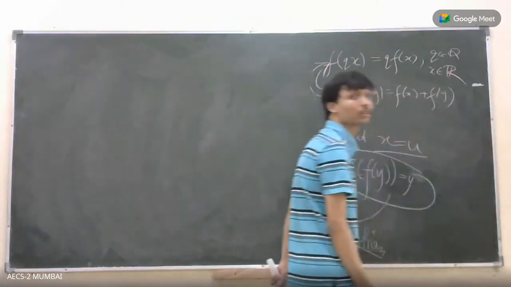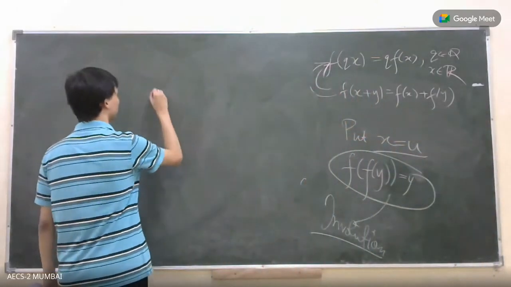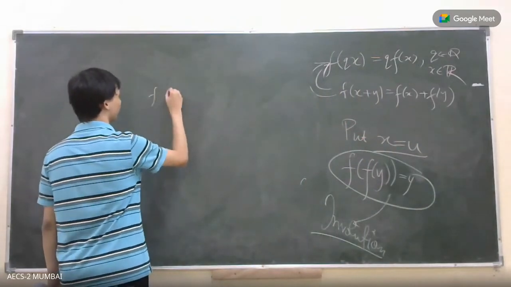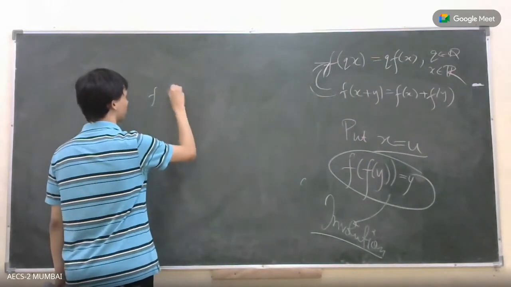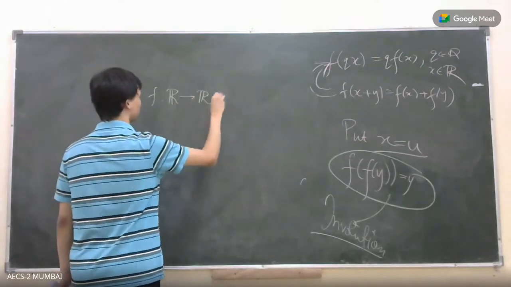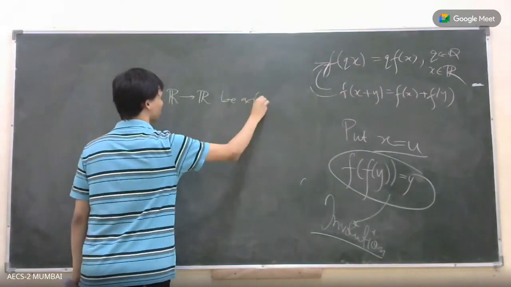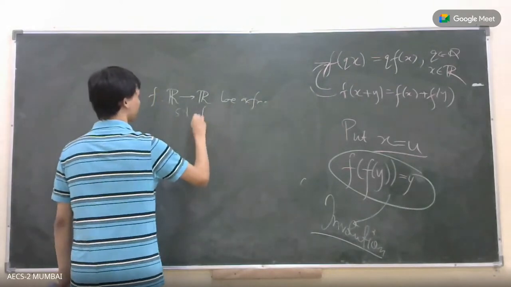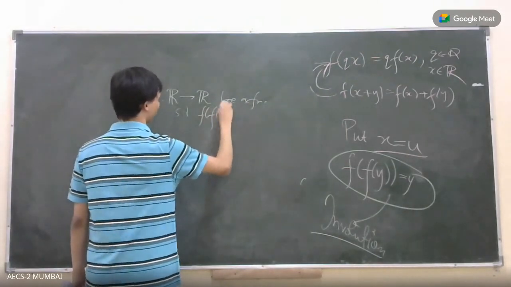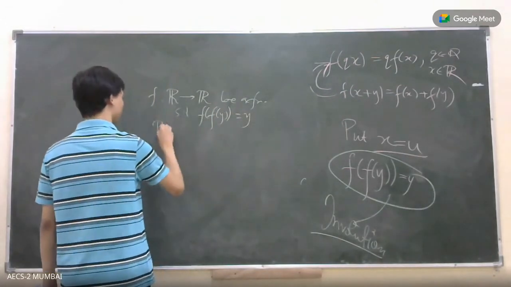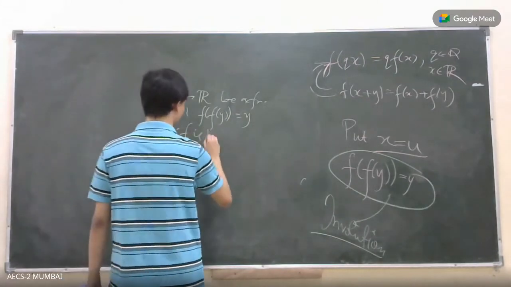The reason I told you all this is because, let f from R to R be a function such that f of f of y equals y. Prove that f is bijective.